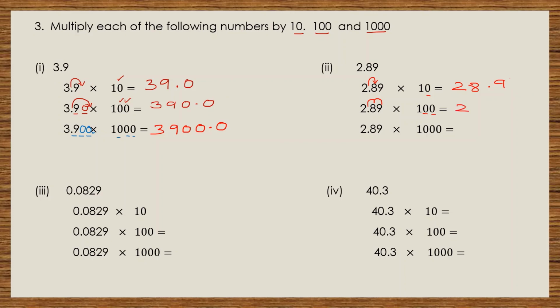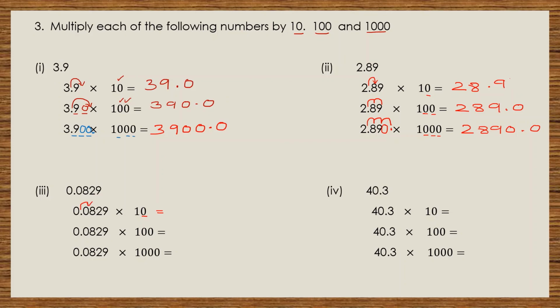So it becomes 289.0. 1000 has three zeros, point moves 1, 2, one more place and then the point. The point comes here, so there's a number missing. It becomes 2890.0. That means 2890.